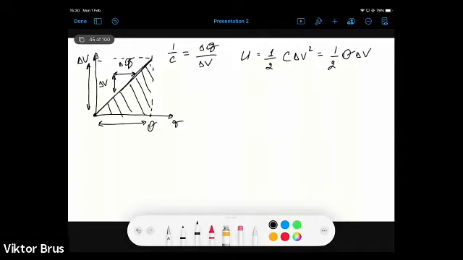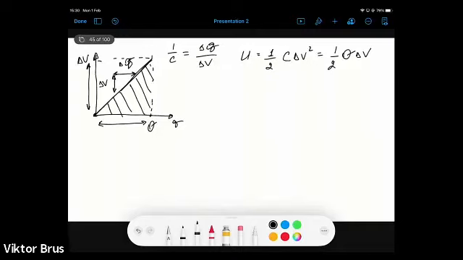Obviously, as I mentioned, there are no moving parts in the electric capacitor, just 2 stationary plates. An external agent performs some work to charge the capacitor, and this energy is accumulated in the form of potential energy, but this potential energy is actually the energy of the electric field, which is created between the plates of the capacitor.